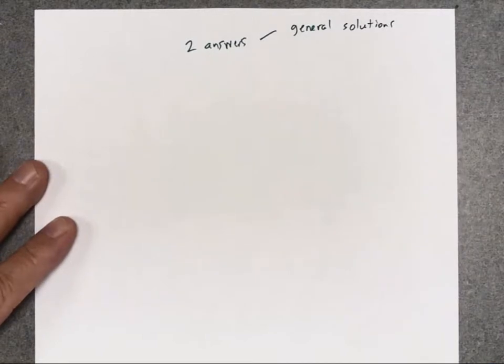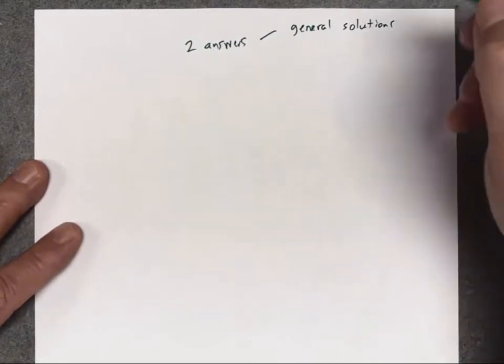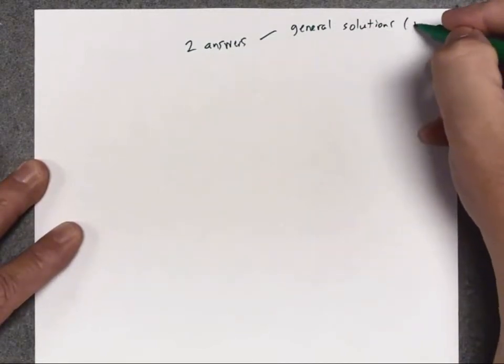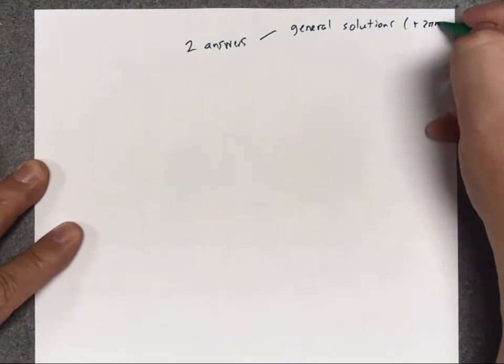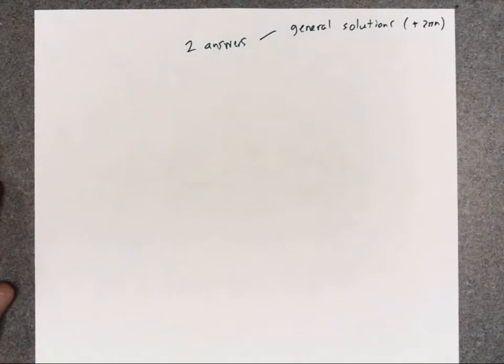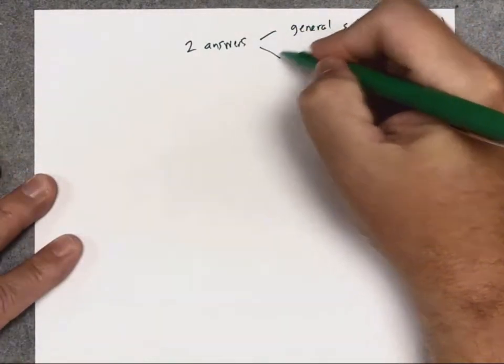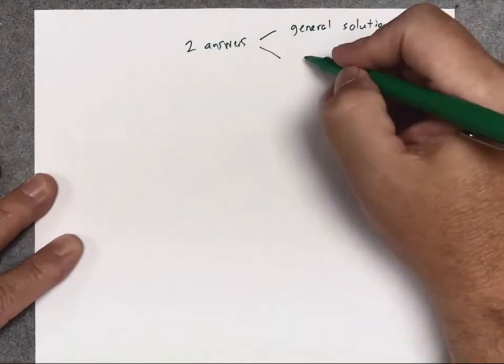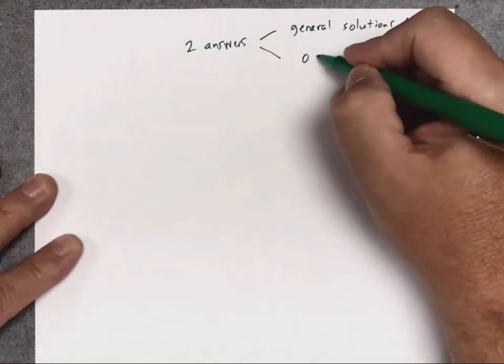And if you recall the last video, that's where I add the 2 pi n on to the solutions to account for all the different solutions as you continue to go around and around the unit circle.